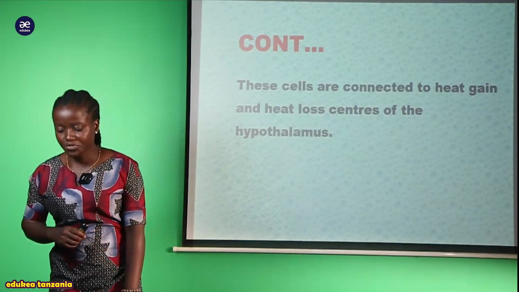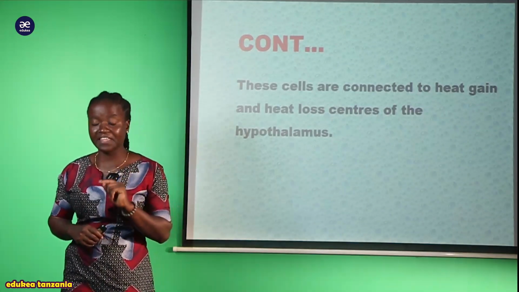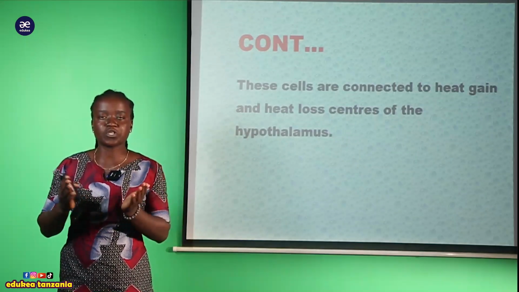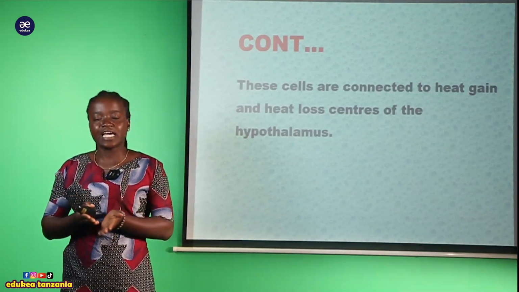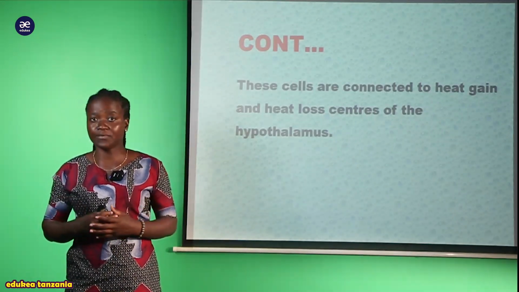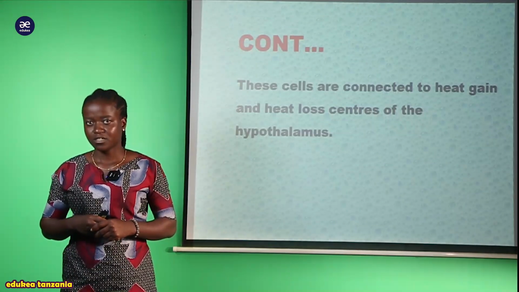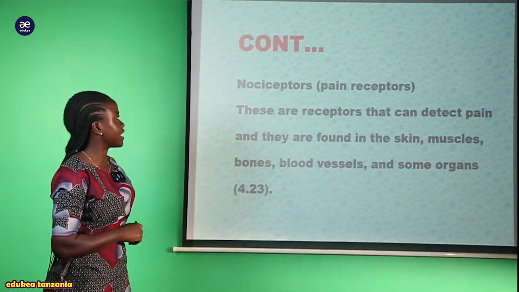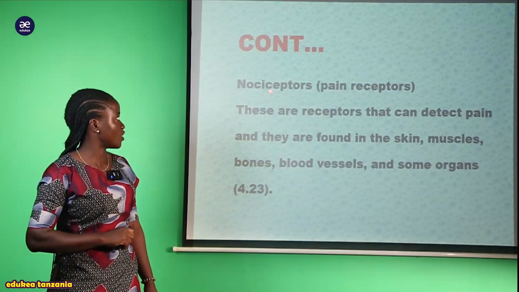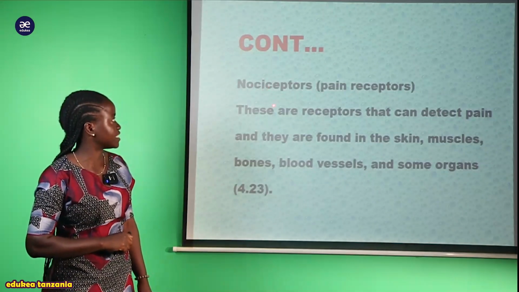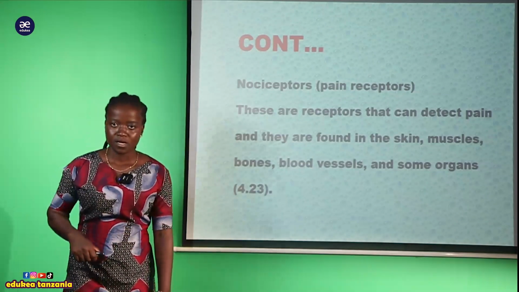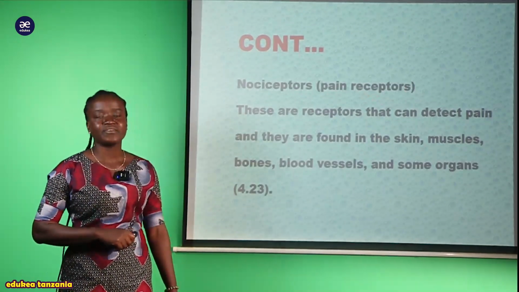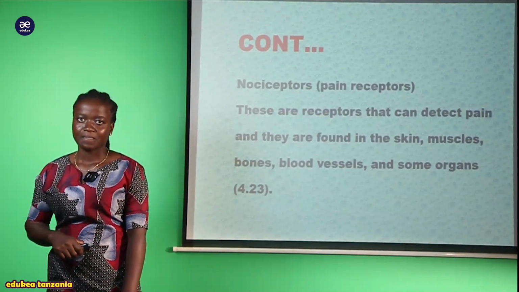But also, my student, you have to know another receptor which is responsible for another type of stimuli occurring within the environment. Here we are going to talk about the nociceptors, or pain receptors.